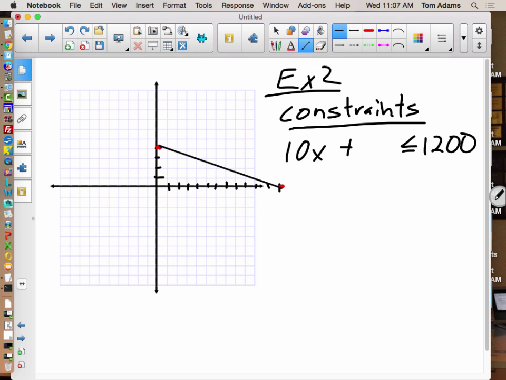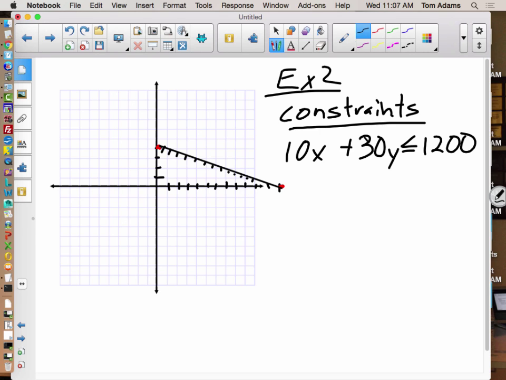And then we got to determine, so this was 30y, right? Now I got to determine, do I shade above or below? If I were to solve, it'd be less than, so this needs to be less than 1200, so it'd be a little bit below.